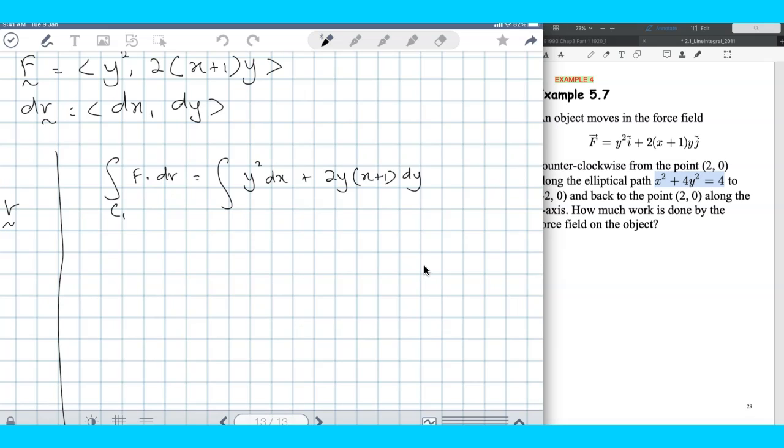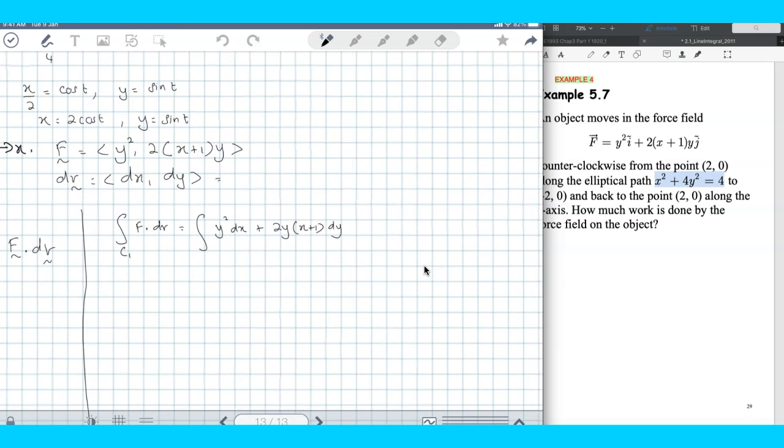Okay, dx and dy mean we have to differentiate. From here you can determine dx, the differentiation with respect to t, is minus 2 sin t dt. And then dy is cos t dt.